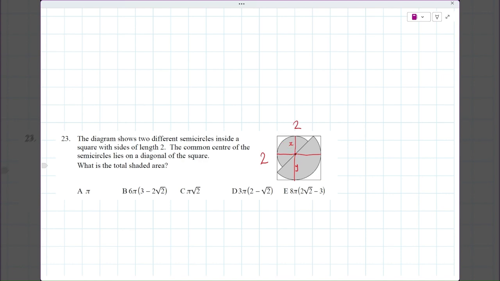And just try and get comfortable with drawing in some radii, making some equations, and using some triangle ratios. And you'll see that there's root 2's in all of these, so you expect that root 2 to come from some sort of triangle, Pythagoras ratio, etc. But these ones are hard, so just give it time, and again, try not to get neck deep in algebra. Try and focus on the geometry.